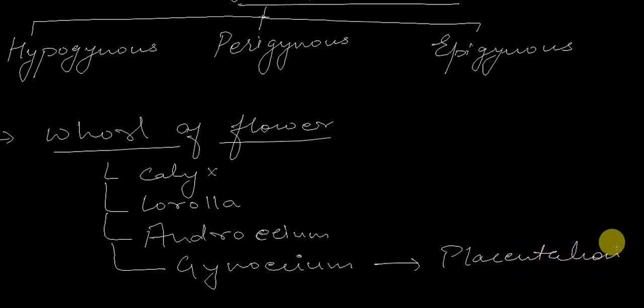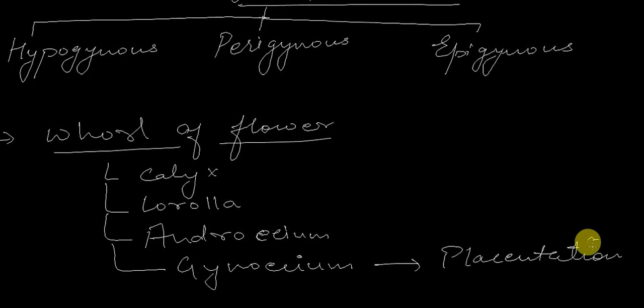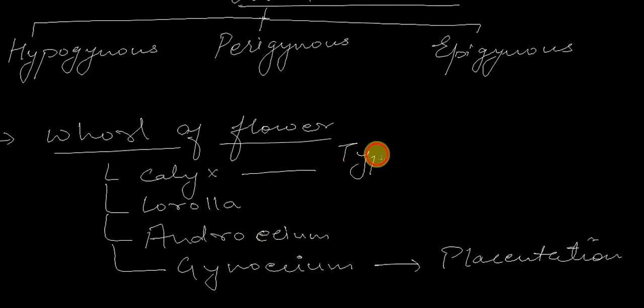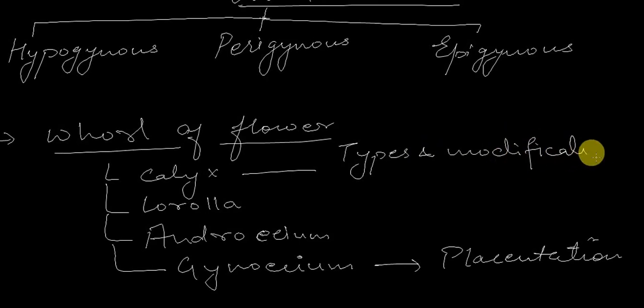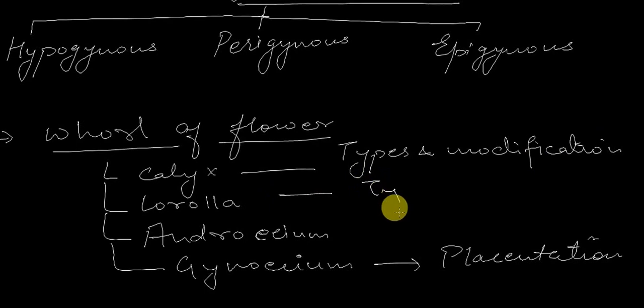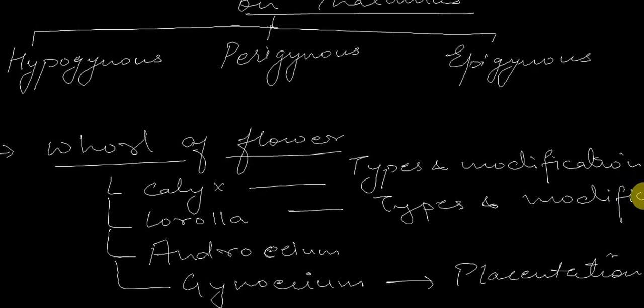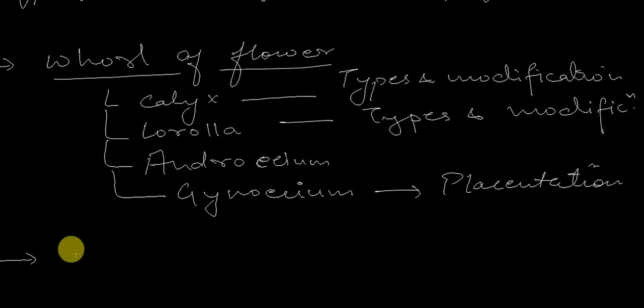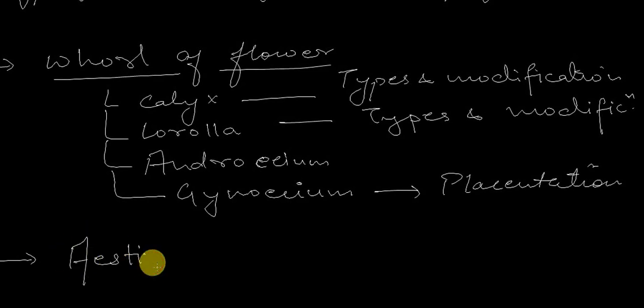This is about the placenta, so you definitely need to study placentation if you are aspiring for medical entrance examinations. In calyx you will study the types and modifications, and in corolla also the types and modifications. And at the end, you will study estivation. So this is all you would be dealing with in the flower.